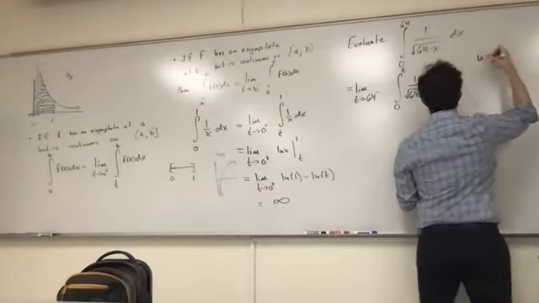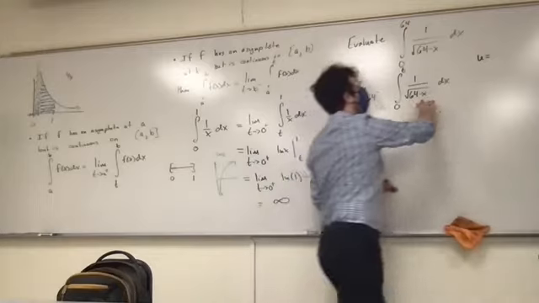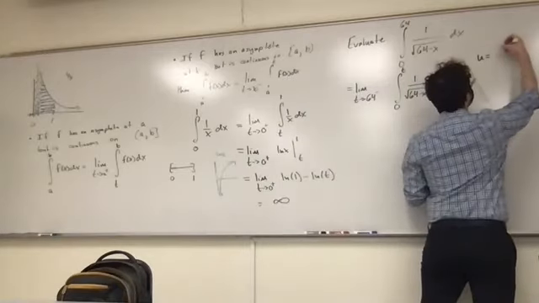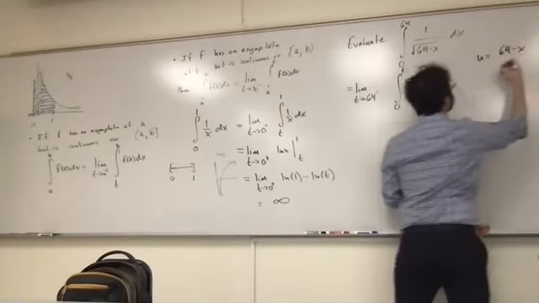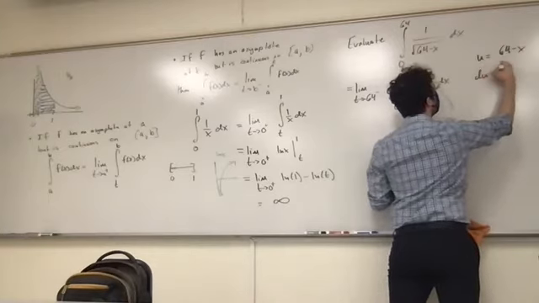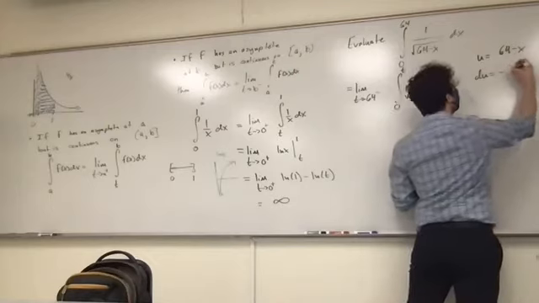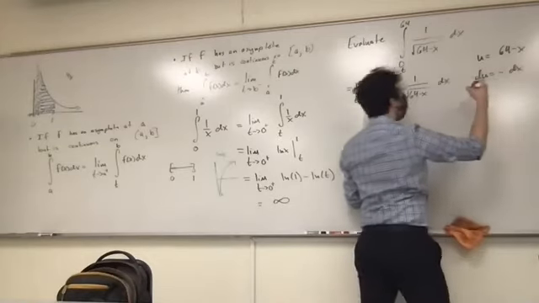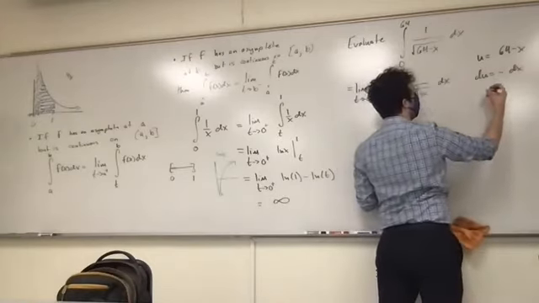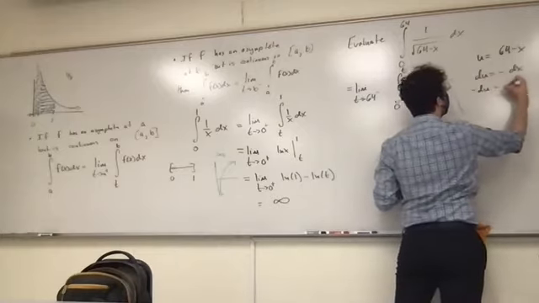What happens is u is going to be inside the square root. So that's 64 minus x. Take a derivative, the constant goes away, we get just the negative. We move the negative around.